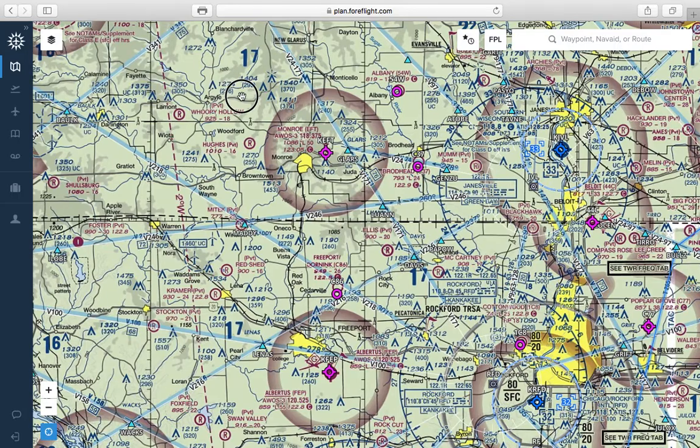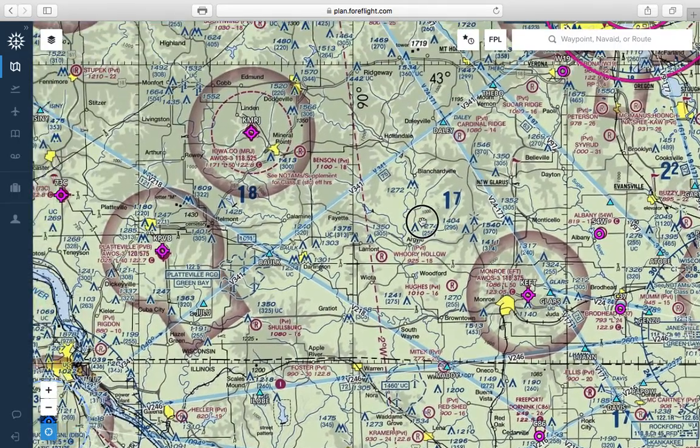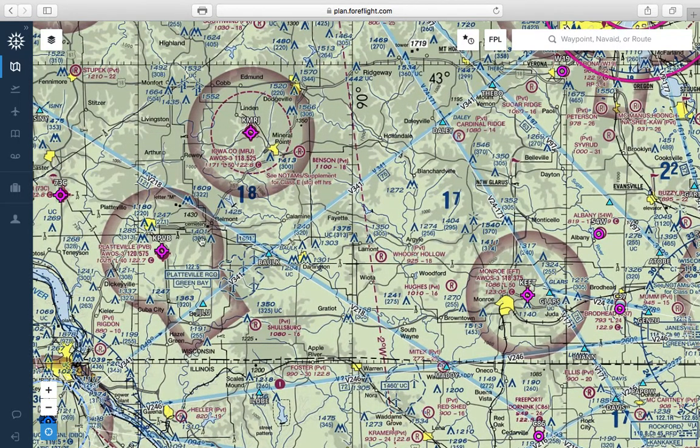Let's say now Echo extends from this portion here from 700 feet AGL up to 17,999, and around here where there's nothing depicted, from 1200 AGL to 17,999. Now from this location, this magenta dashed line here, your Echo extends from the surface.